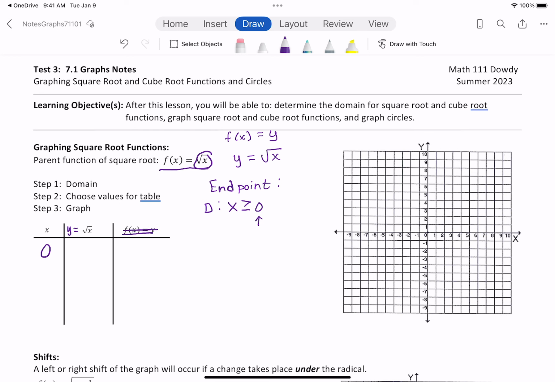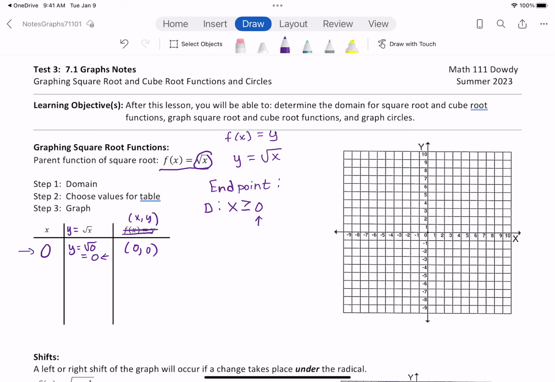And then in this last column, we're going to write the ordered pair, okay? So I'm going to plug in 0 for x, and that tells me that y is equal to 0. So for my ordered pair, when x is 0, y is also 0, okay?